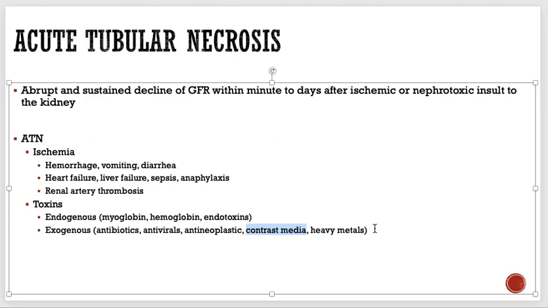And after the procedure, we can give them IV fluids again. Avoid giving diuretics, ACE inhibitors or cyclosporin on the day of the procedure because they can increase the toxicity.